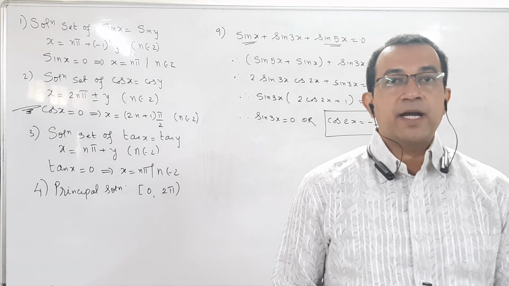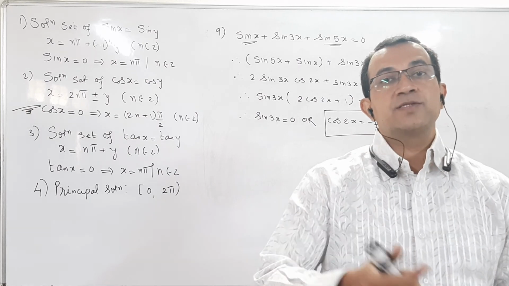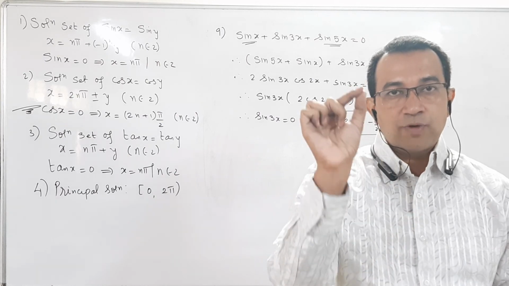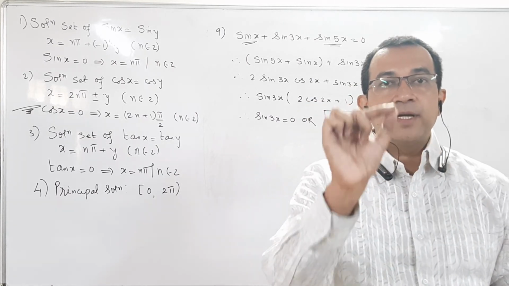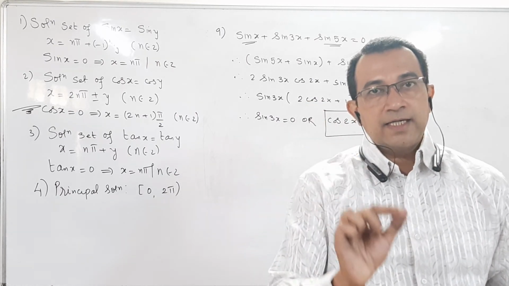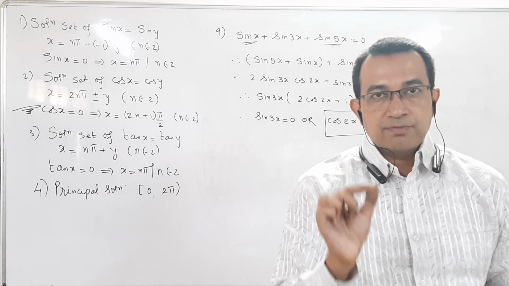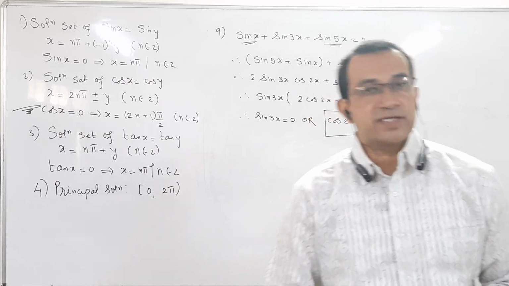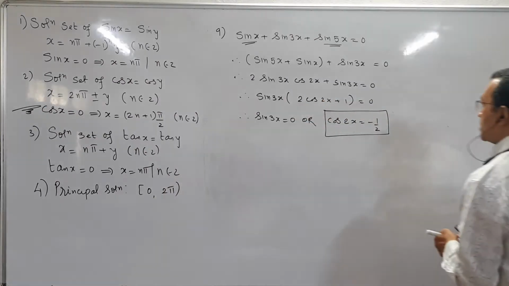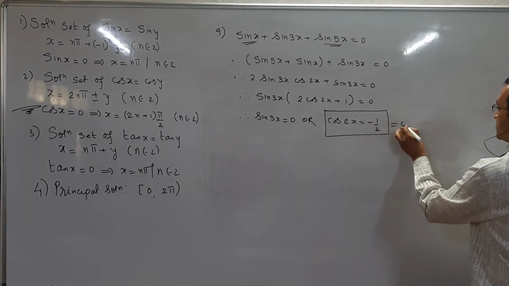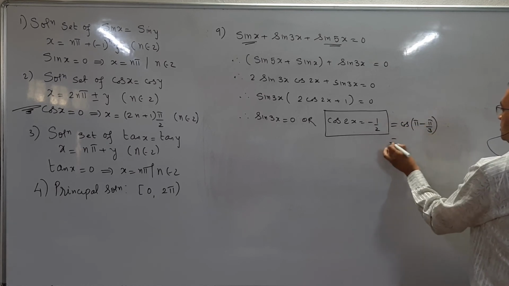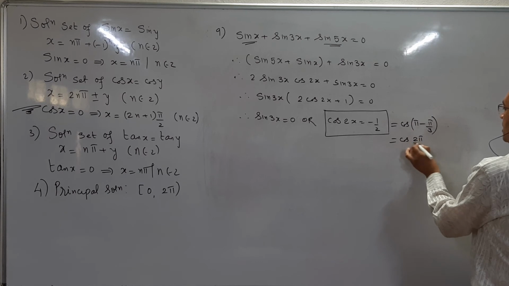So we will get minus 1 by 2 at pi minus pi by 3. If it was minus 1 by root 2, pi minus pi by 4. And if it is minus root 3 by 2, it is pi minus pi by 6. This is fixed. So minus 1 by 2 is modified as cos of (pi minus pi by 3).